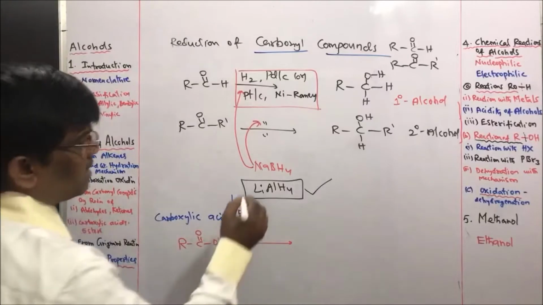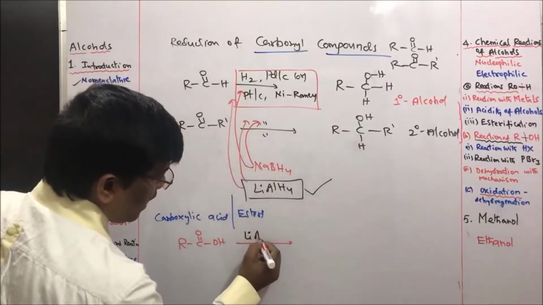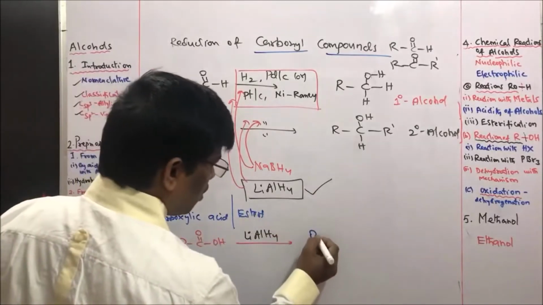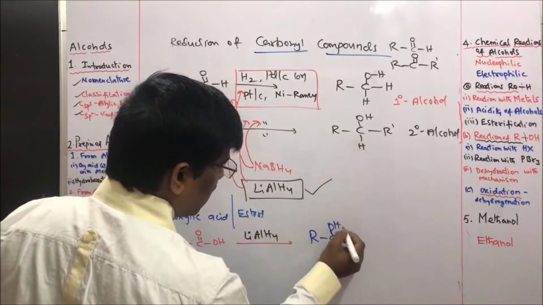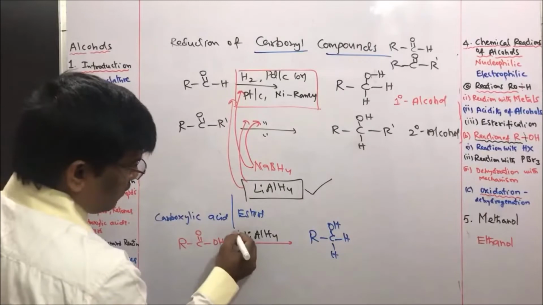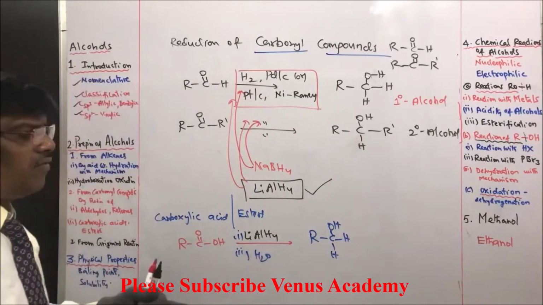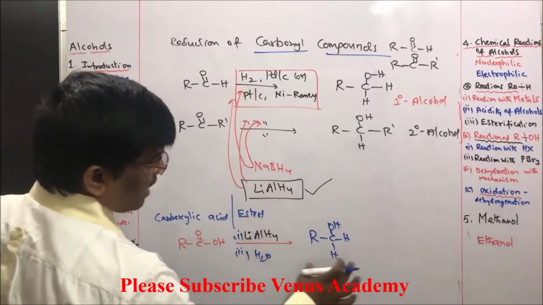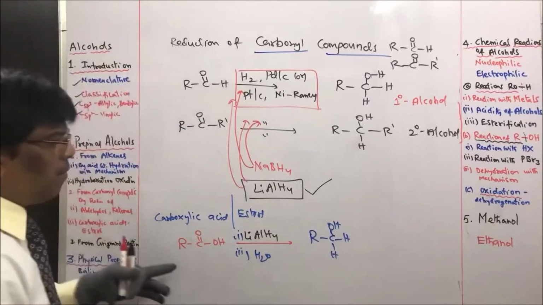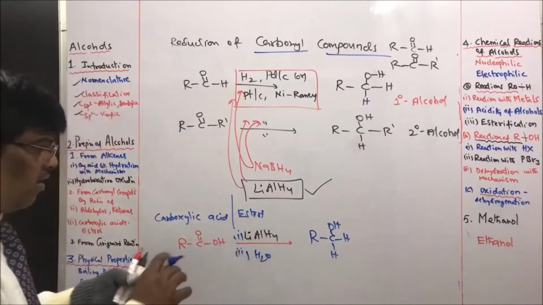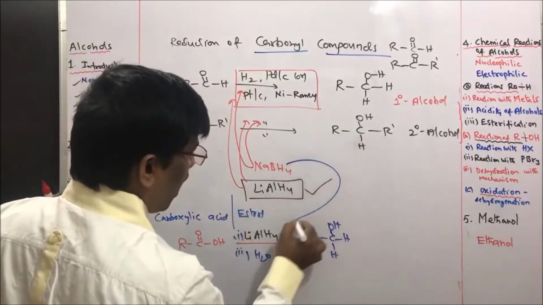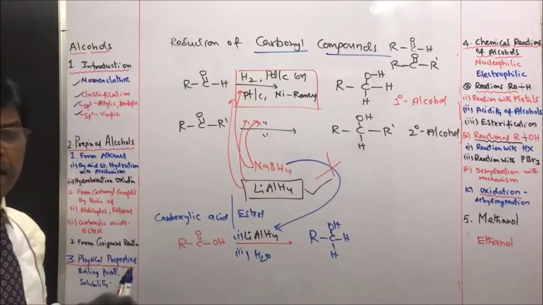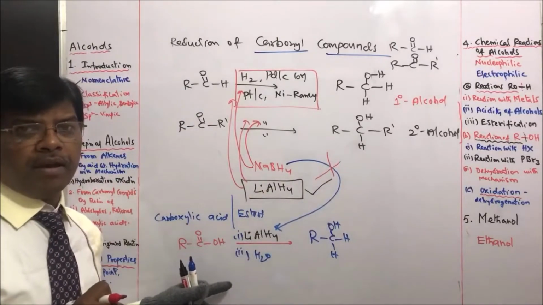In this case, lithium aluminum hydride can reduce this carboxylic acid to RCH2OH, and this is the first step. The workup is water hydrolysis. So you can prepare alcohol from carboxylic acid by lithium aluminum hydride, whereas sodium borohydride is not going to reduce carboxylic acids. It is a very important key point, students.